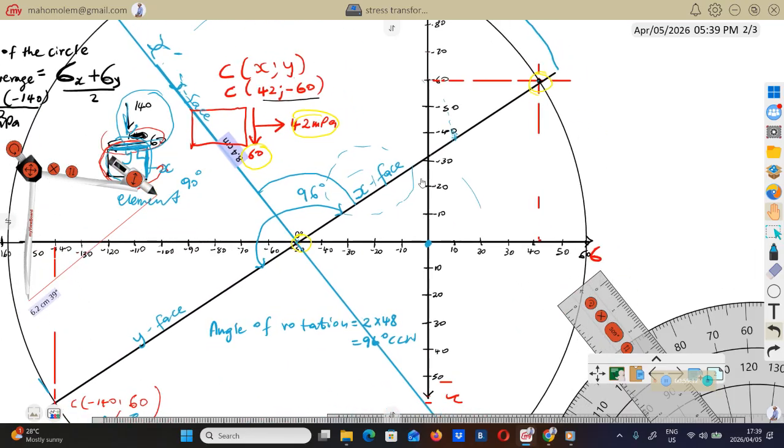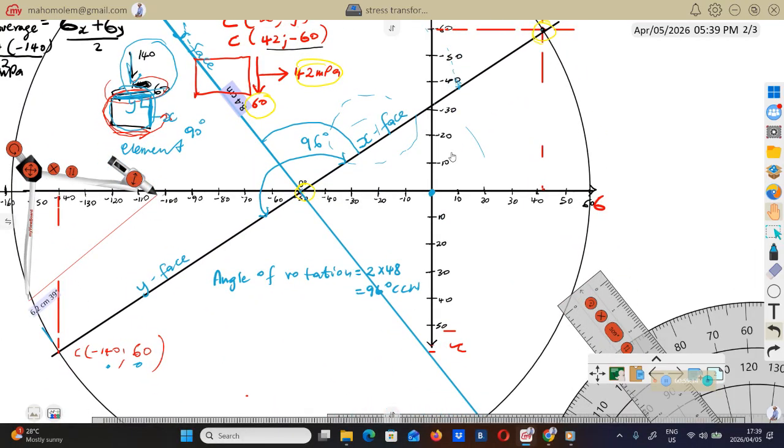The same thing with y. As we rotate this black line, this y as well will move from here to there. So this will be y prime as well.